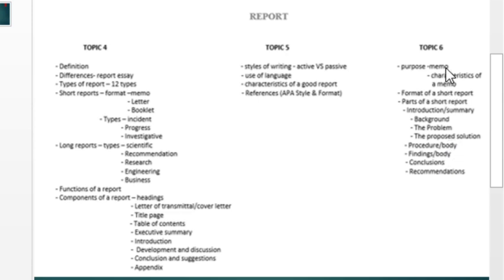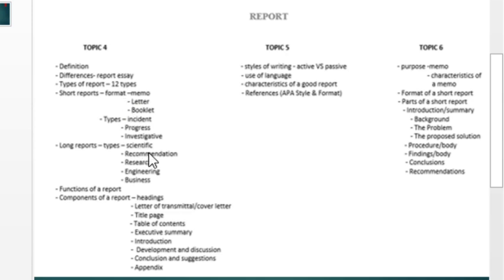If you're able to write a memo, it means you're also able to write long reports. That's the logic here. But because we want to focus on memo, that's why in topic 6 we don't bring in further information about long reports.